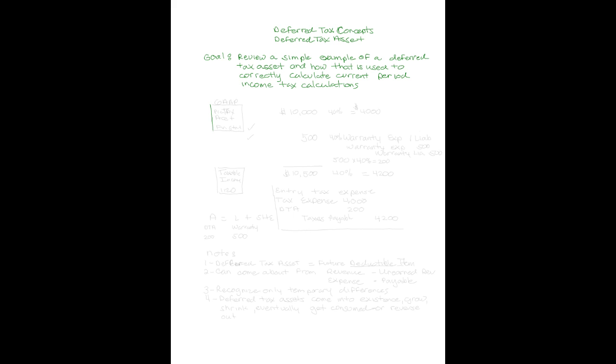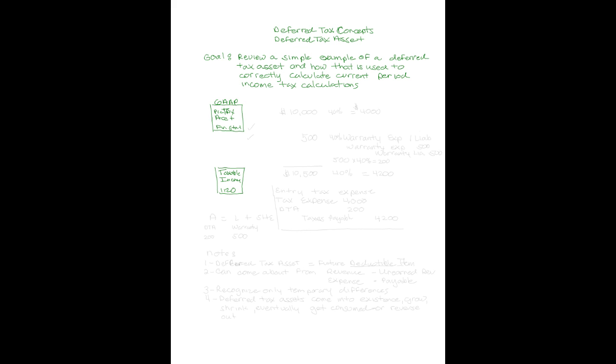Once again, it always comes down to pre-tax accounting income on your financial statements that you've calculated using generally accepted accounting principles, and how that's going to differ from what you show as taxable income on your tax return 1120.